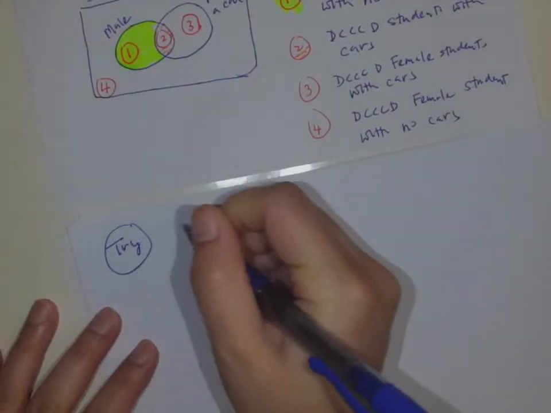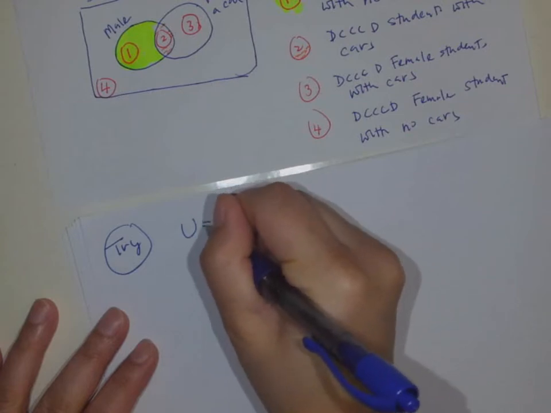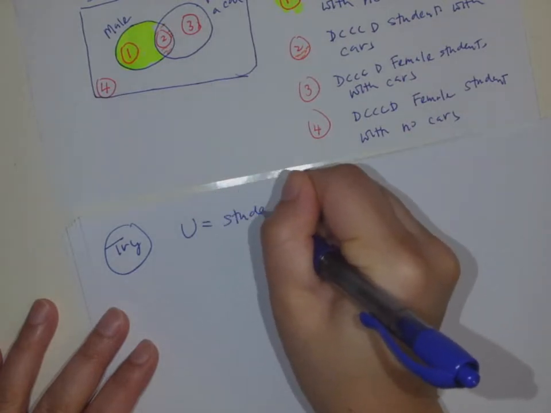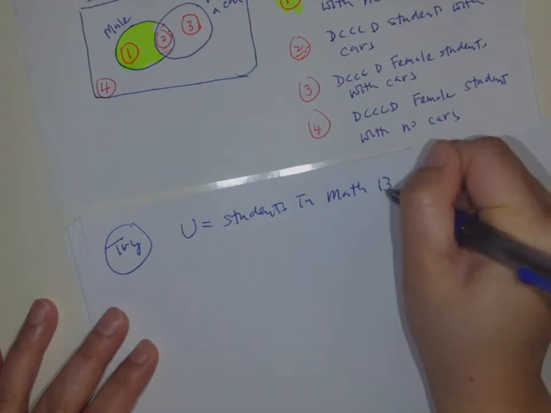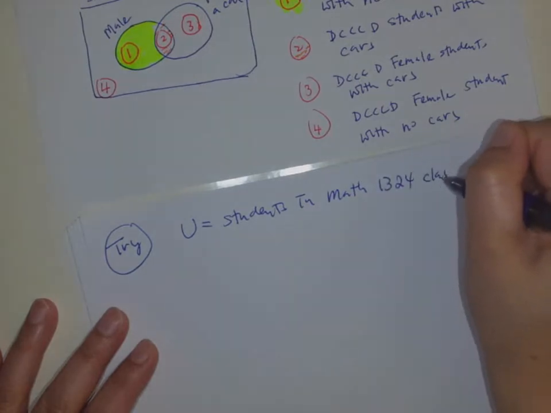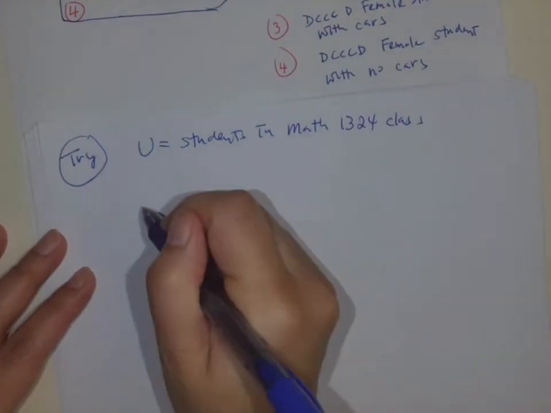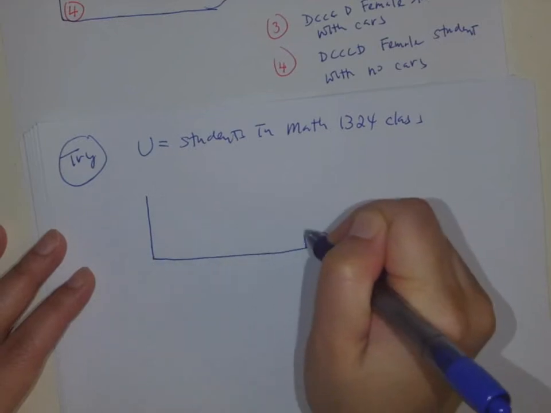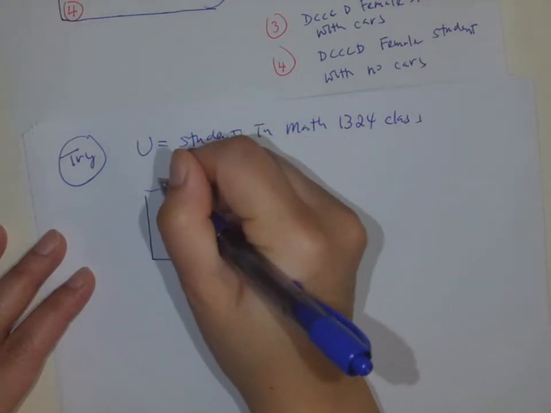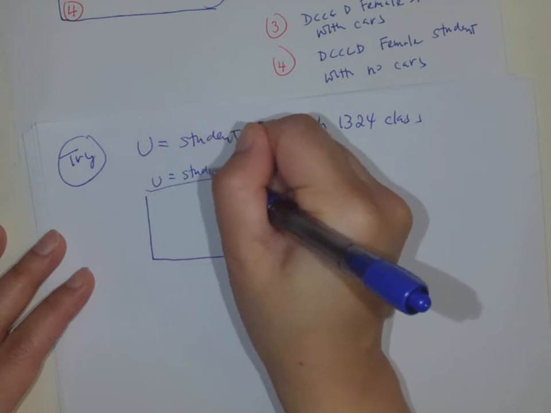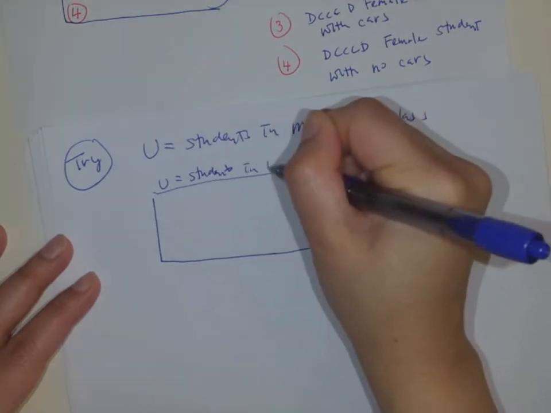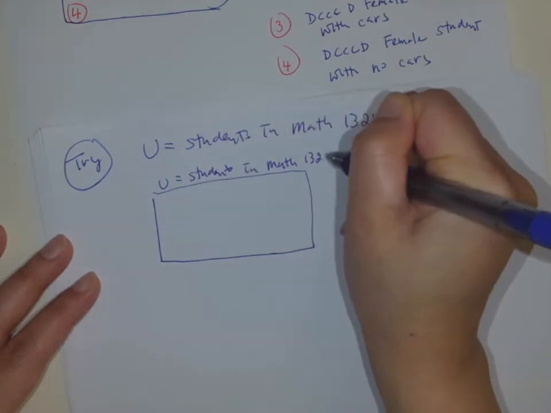We want you to try this: the universal set equals students in math 1324 class. Okay, so the universal set will represent the students in math 1324.